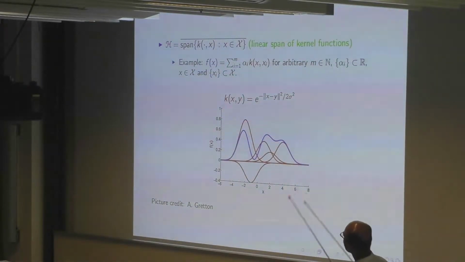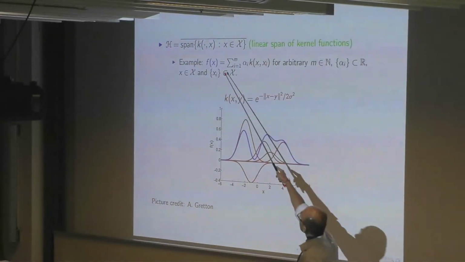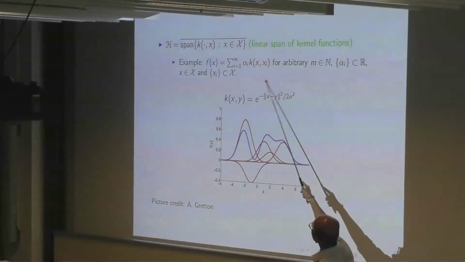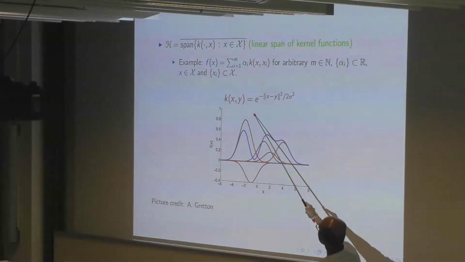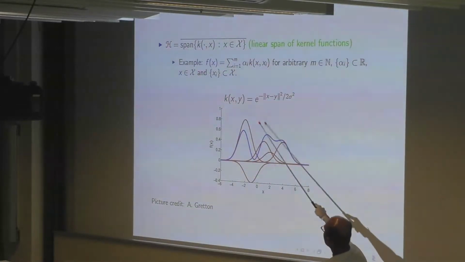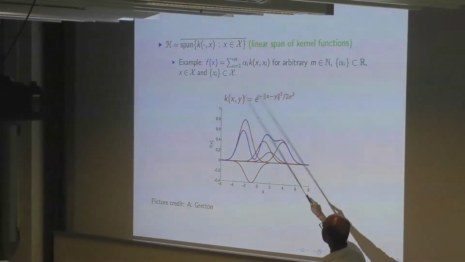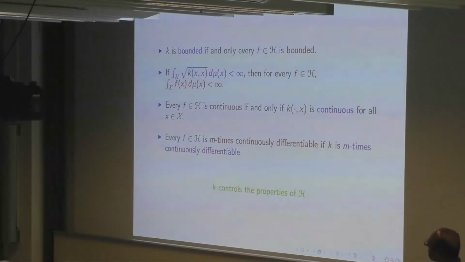Okay. So here is an example where if you have a Gaussian kernel, the functions in this space are of the form which is the linear combination of these kernel functions. If you use a Gaussian function, you have a Gaussian bump at each x_i, and then if you sum them up with some factor alpha_i, you are going to get this blue function which also lies in this space. Okay.